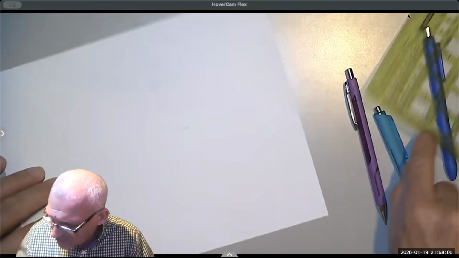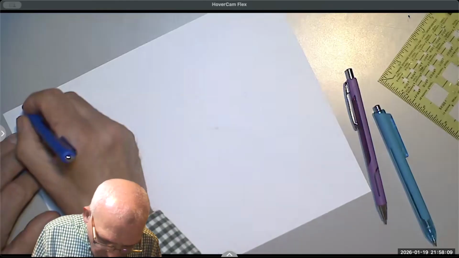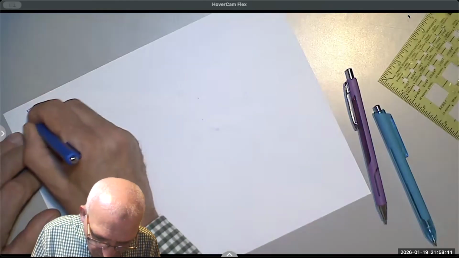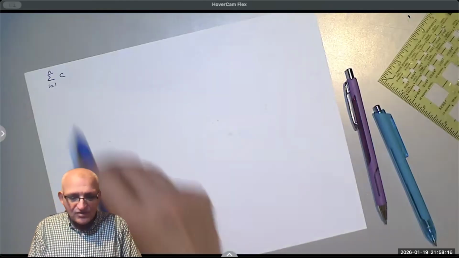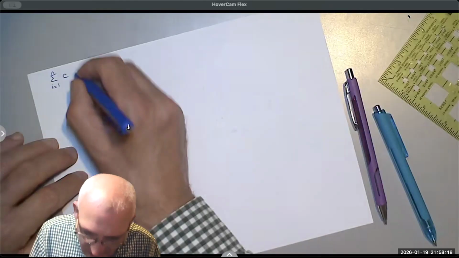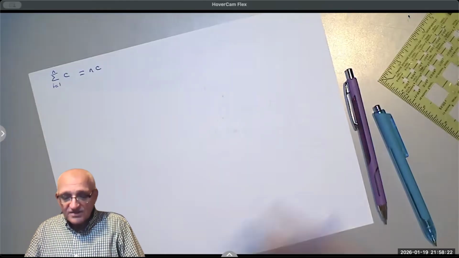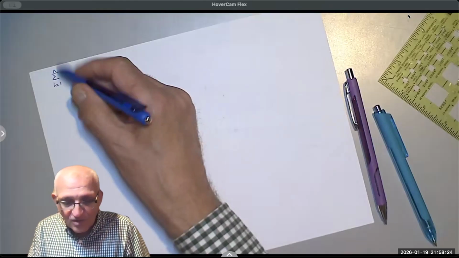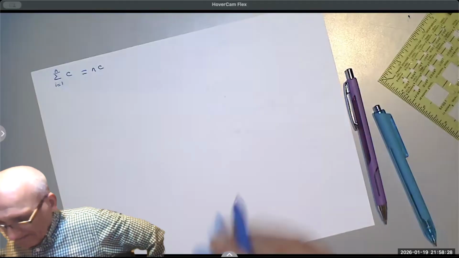So here we have to find out, if I have a constant c, what is the summation I going from 1 to n of c? Meaning I'm counting c n times. That's nc, right? Or the summation of I going from 1 to n of 1 is n, right?